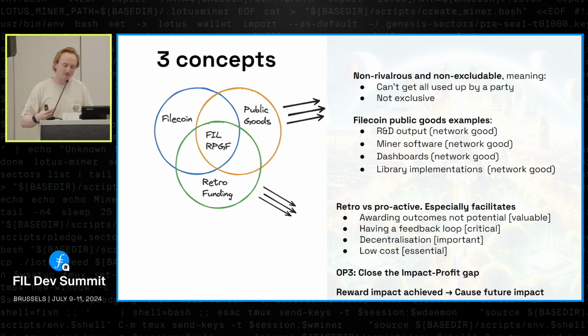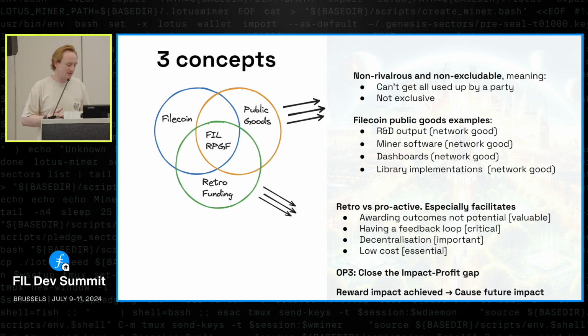It's specifically focused on public goods within the Filecoin network, and it's retroactive, meaning this is about impact that's already been achieved. And whenever you have these features together, especially retroactive versus proactive, this really facilitates setting up a kind of feedback loop and awarding outcomes, not potential, and really can work in a kind of mechanistic way that's especially good for decentralization and hopefully for low cost also.